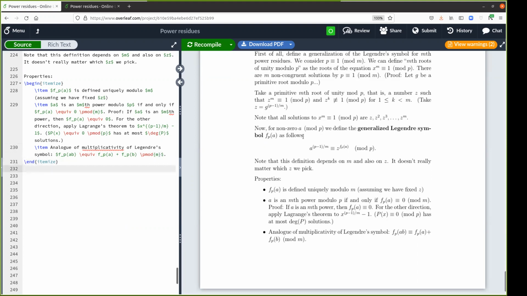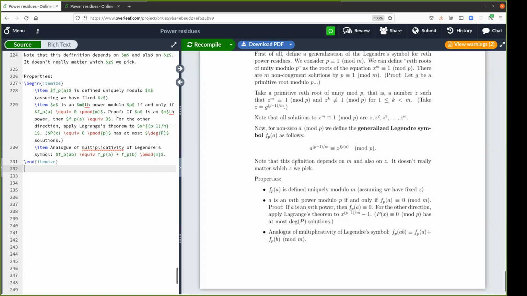I could have defined that the function f_p of a takes values in the mth roots of unity. So that would be really the analogy of the Legendre symbol, as the Legendre symbol takes values 1 and -1. But I like this definition here a bit more.